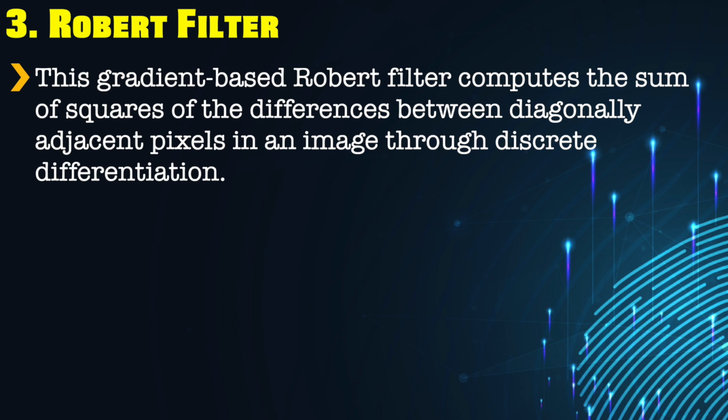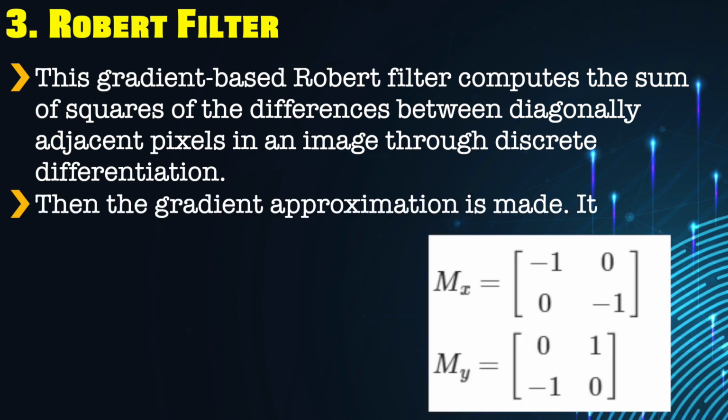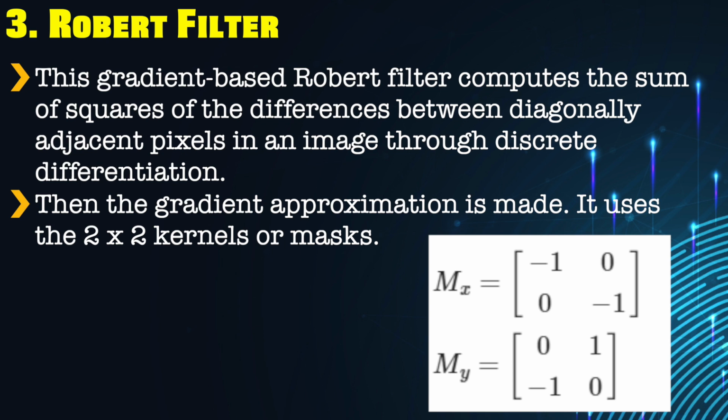It uses kernels or masks of 2 by 2 size. The mask values are, for the first column, -1 and 0, and for the second column, 0 and -1. For the y direction, you can take the conjugate of the x direction mask. This is very useful, and it was suggested by Roberts. Therefore, this filter is called the Robert filter.